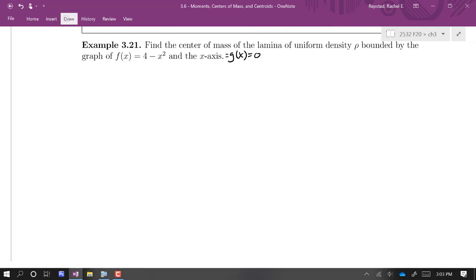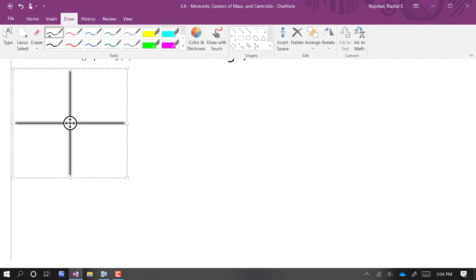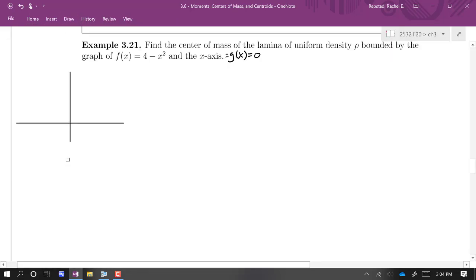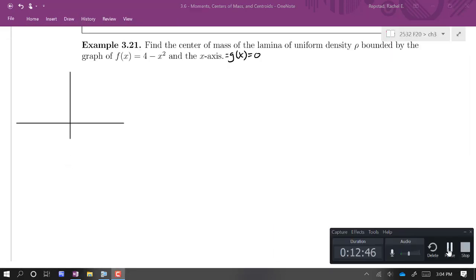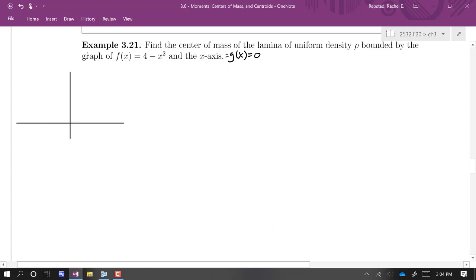And this is a fairly simple figure to draw. Our f of x is the function 4 minus x squared, so that's just the downward opening parabola starting up at 4.